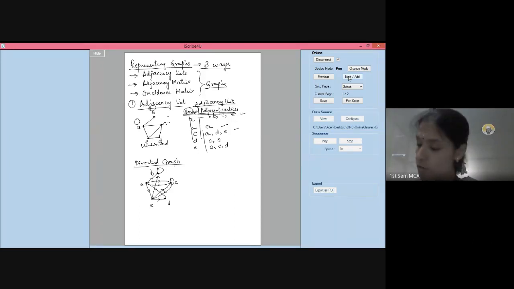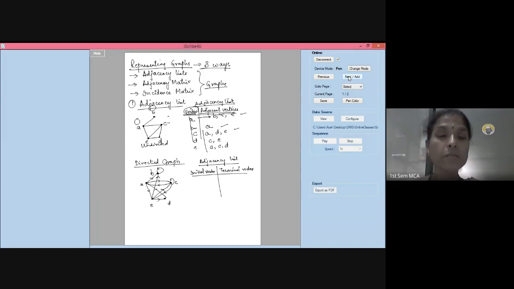Now, for this, we have to write down the adjacency list. When we are considering a directed graph, we will write it as initial vertex and terminal vertex. Initial means the starting point, terminal means the ending point.